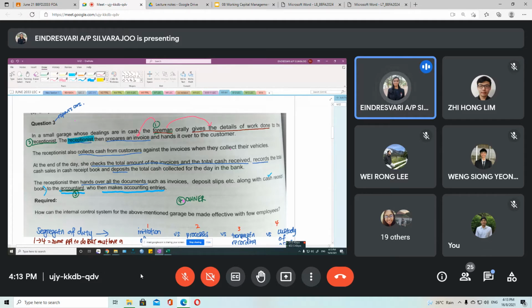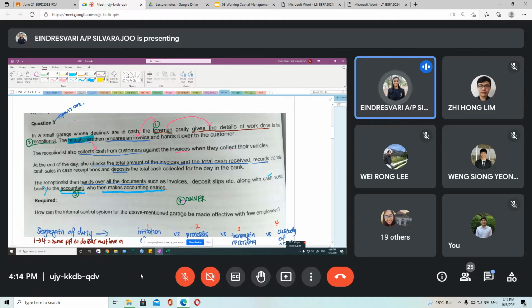This receptionist will pass the invoices to the customer and then collect the cash from the customer. So once cash is collected, she will check the total cash received against the amount in the invoice. So since this invoice is prepared by the foreman, what is the control?